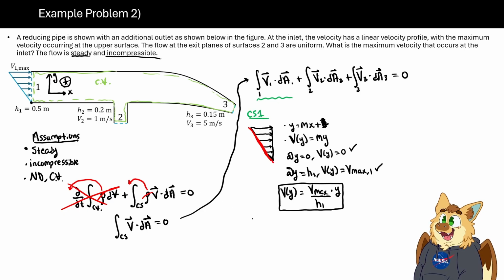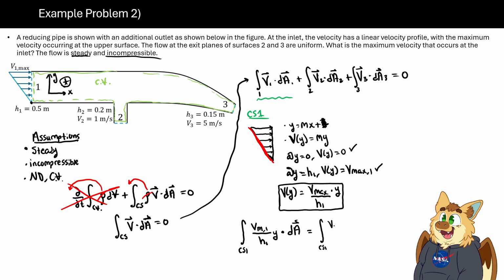Then we just plug it into our integral relationship for CS1. This would be our v of y, which I'm going to write as v1,m over h1 times y, dotted with our area vector dA. Simplifying even further, just to make it clear, v1,m over h1 times y, dotted with our unit normal vector times dA.